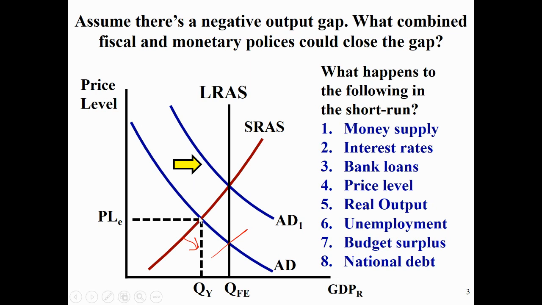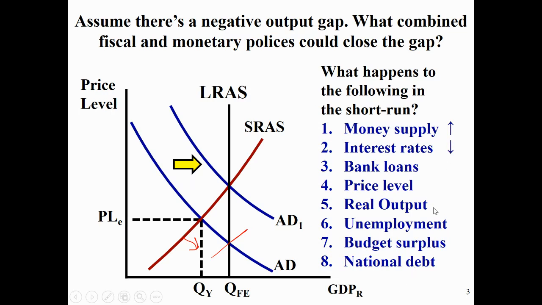So if we did any combination of those five things to expand the aggregate demand curve to the right, things could happen. Well, we could increase the money supply by doing any of those three monetary policies I said: buying in the open market, lowering the discount rate, or lowering the reserve requirement.